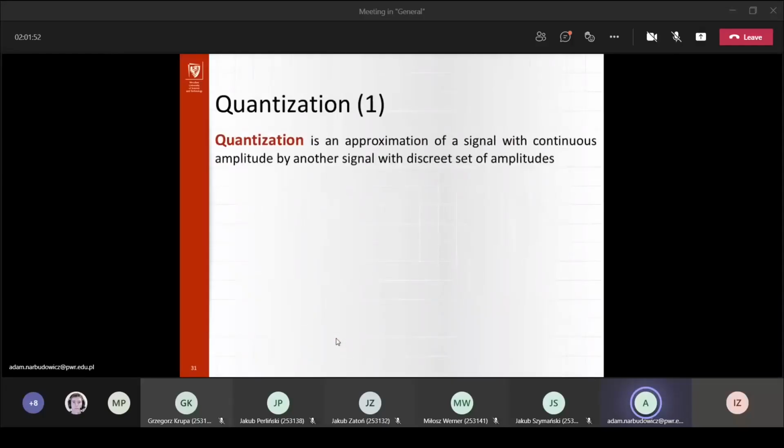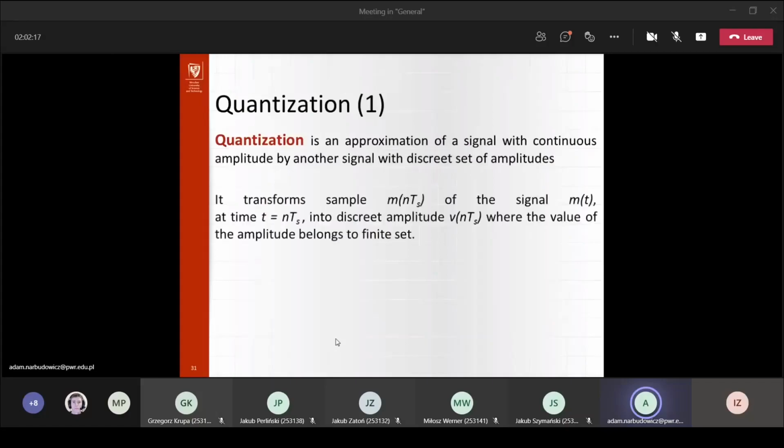Now, we spoke about sampling, so discretizing your analog signal with respect to time. Now what we have to do is some quantization. Typically the process of quantization is when you also discretize the amplitude of your signal.